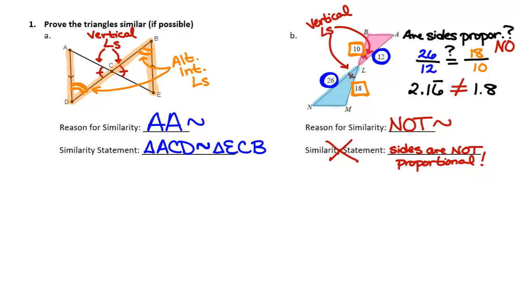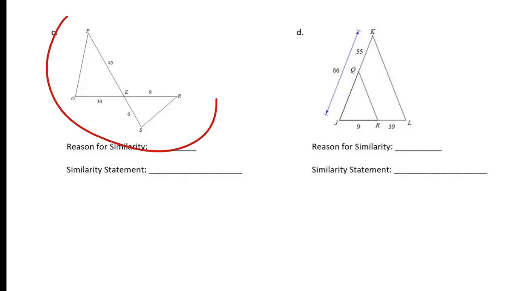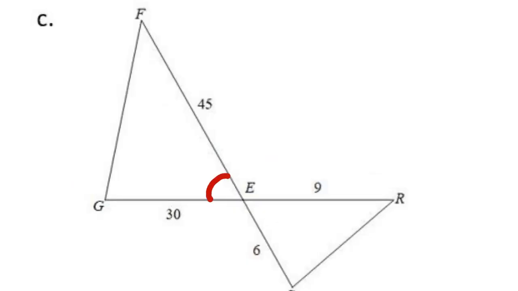You guys ready to look at another pair? Let's look at another pair of triangles. Part C. Is there anything I'm allowed to mark in the picture without being told? Vertical angles right here at the center of the bow tie.